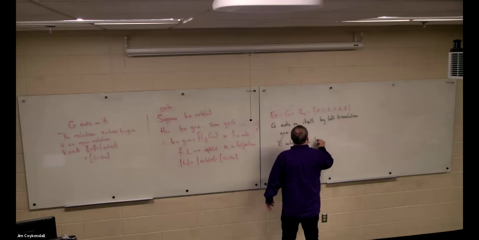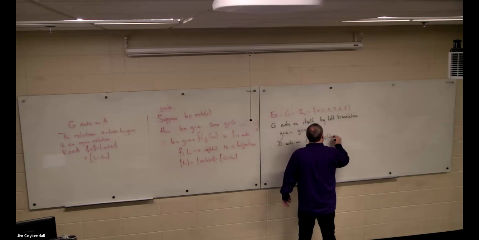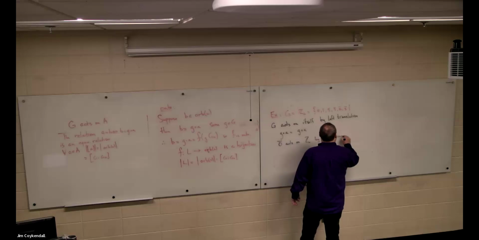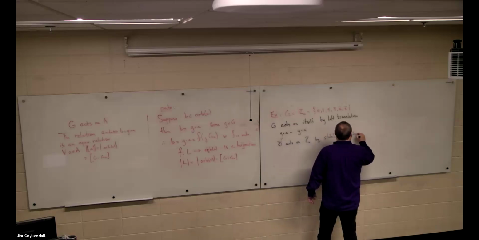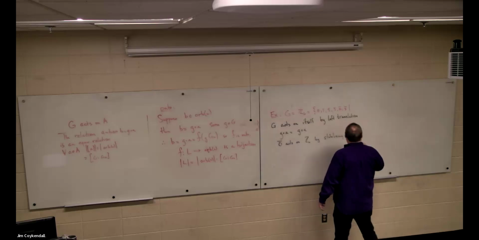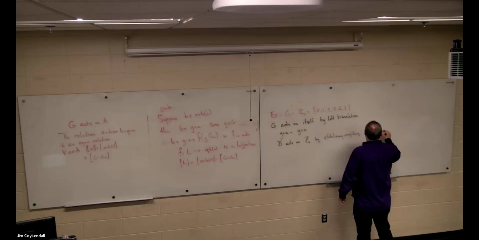It acts on Z6 by stabilizing everything. So I would think of this as the identity permutation.